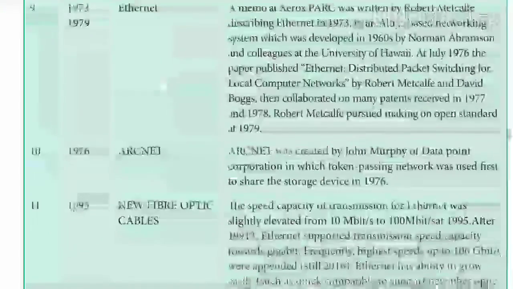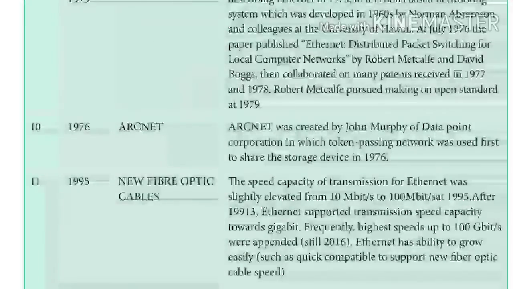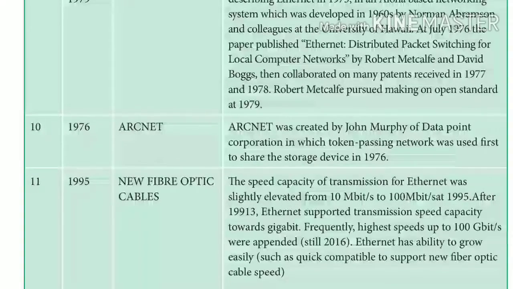In 1976, ARCNET was created by John Murphy of Datapoint Corporation, in which token passing networks were used first to share storage devices. Okay, so this token system means each computer will be given a token number.